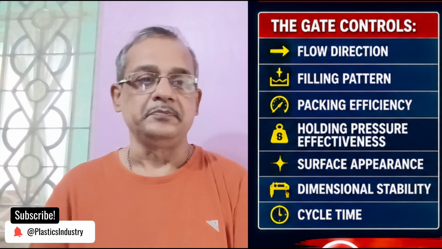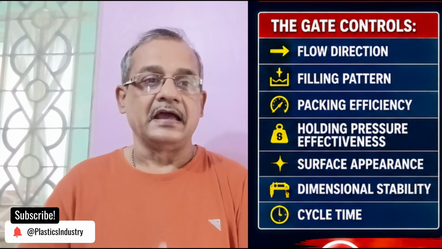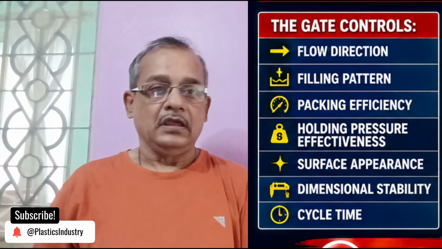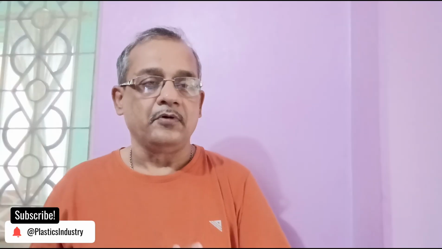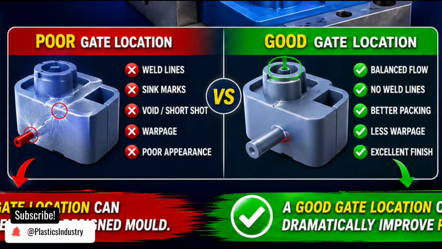Holding pressure effectiveness, 5. Surface appearance, 6. Dimensional stability, and 7. Cycle time. So you can understand how important gate design, gate location and gate type is in plastic injection molding manufacturing sector.